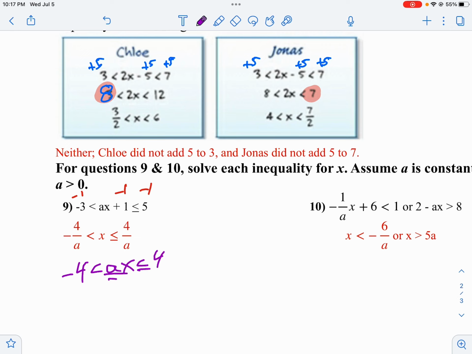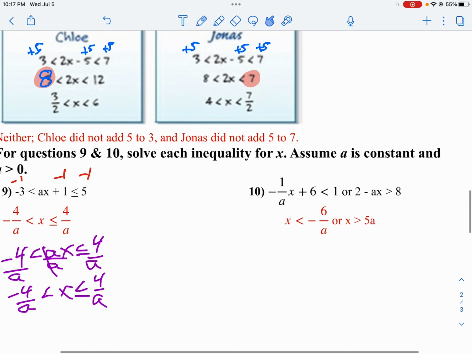Then we'll divide everything by a, left, right, and middle. So we get negative 4 over a, which is less than x, because a is positive, which is less than or equal to 4 over a. And since we don't know what a is, we can't graph it, but there's our solution.